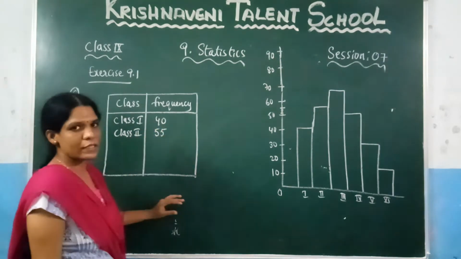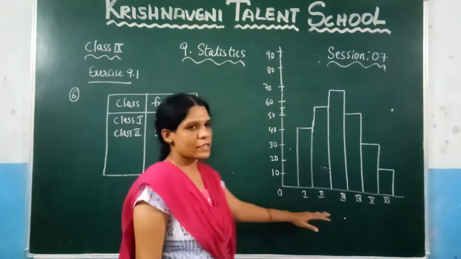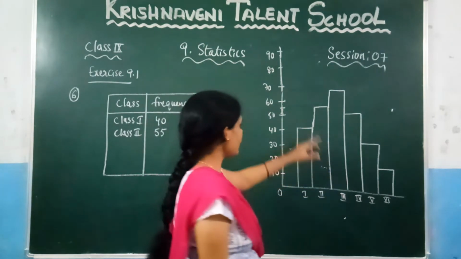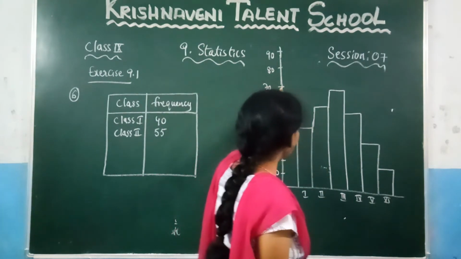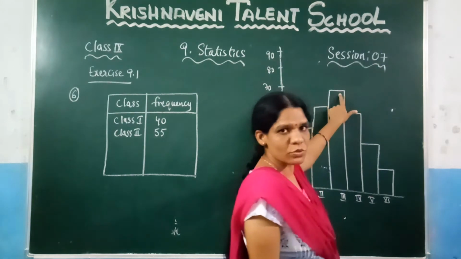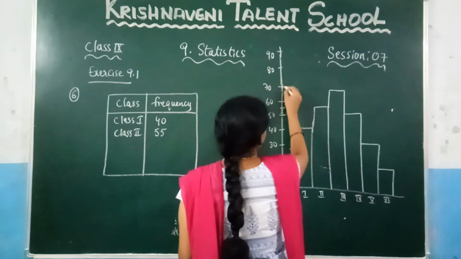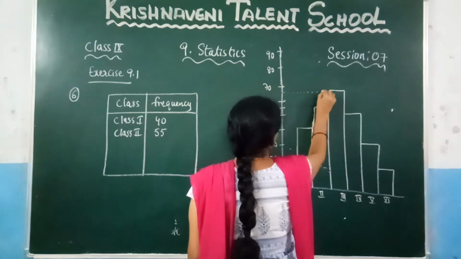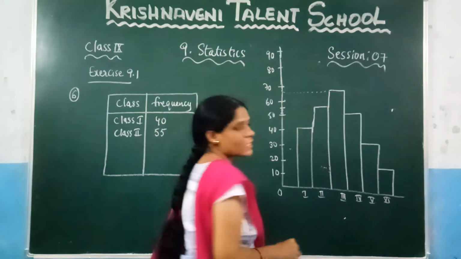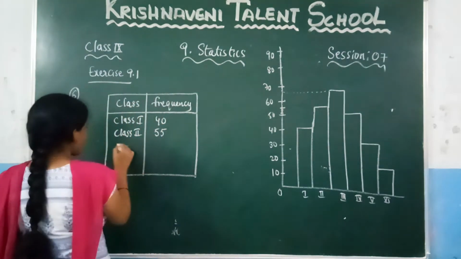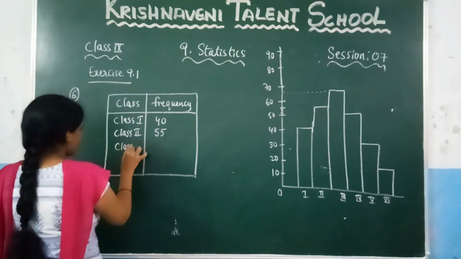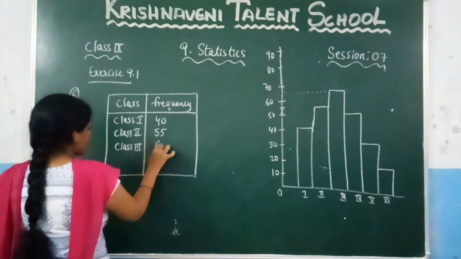Let us see the number of students in class 3. Clearly you can identify that in class 3 it is between 60 and 70. You can observe that 65 students are there. So write it here, in class 3, 65 students.